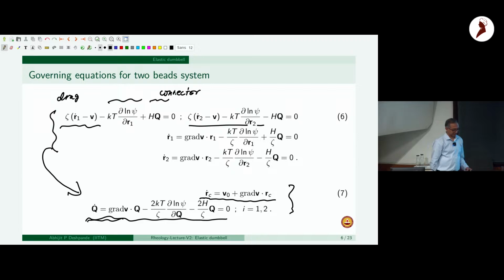So there is no entanglement between the chains. This is a dilute system. So it incorporates only two features, which are the elasticity of the chain and the solvent polymer interaction.